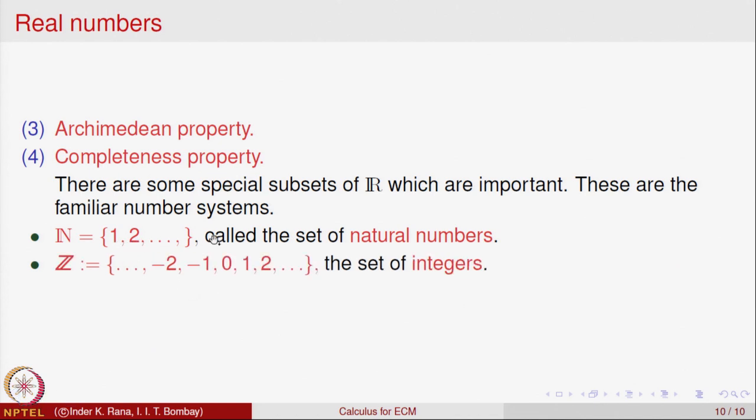Once we have the natural numbers, we also have the additive identity 0. So, 0, 1, 2, 3 are normally called whole numbers. And for 1 there is an additive inverse minus 1, for 2 there is an additive inverse minus 2. If you put all these together, this is the set of integers. So, the set of integers is the set of natural numbers along with 0 and the additive inverses of the natural numbers.